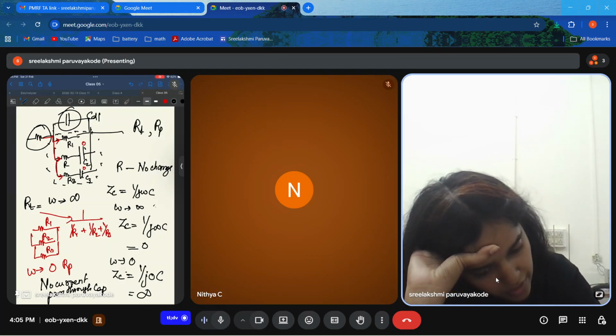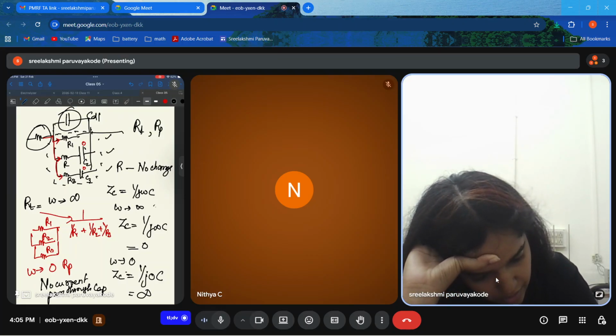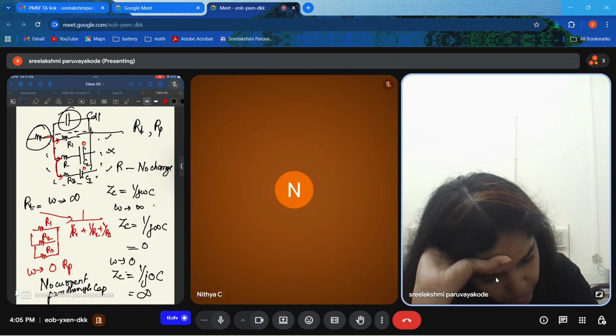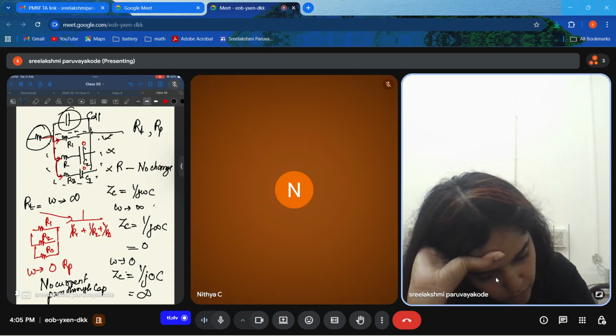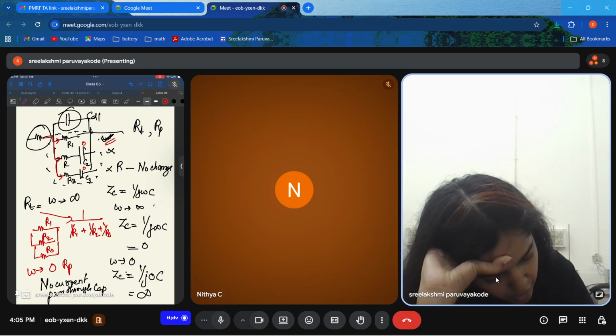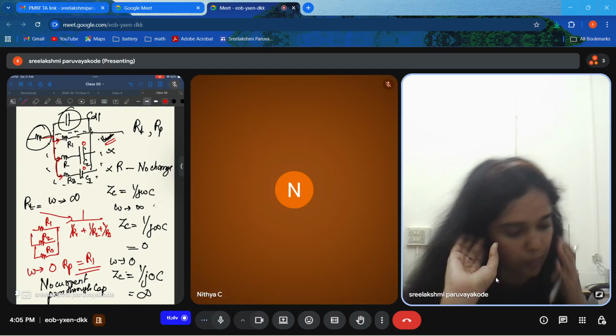So there are three ways it can pass, through this line, this line, this line. There is a capacitor, which blocks the passage of current. C3 also blocks the passage of current. So all the current can only pass through R1. So RP becomes R1.